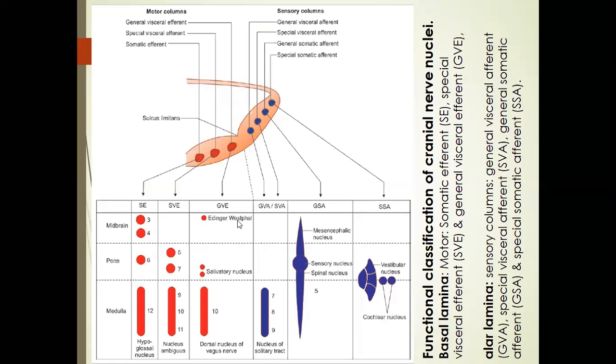That is also called accessory nucleus of third cranial nerve. So that component is general visceral efferent. And sixth cranial nerve is situated in the lower part of the pons. And so third, fourth and sixth cranial nerves are somatic efferent nerves.